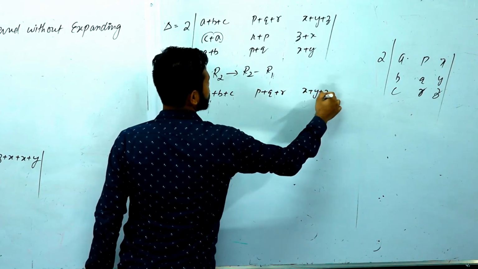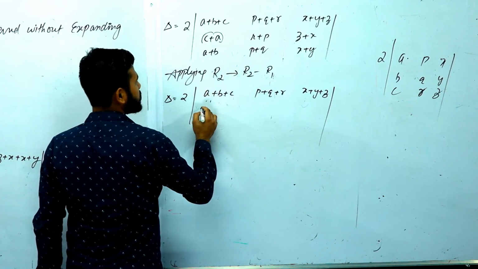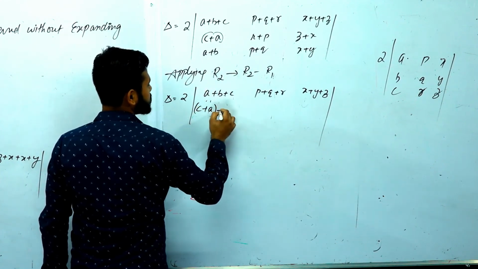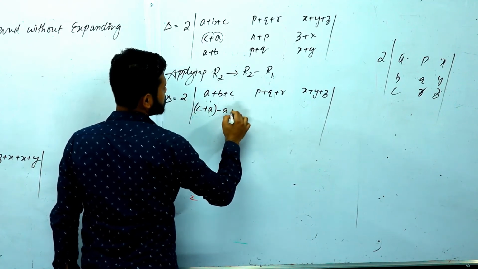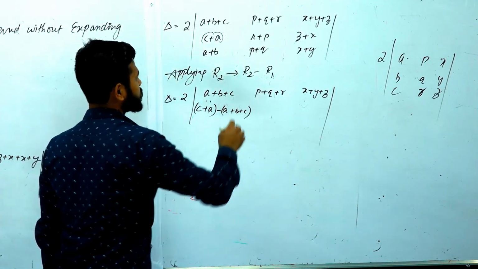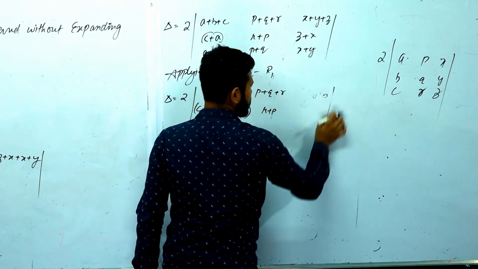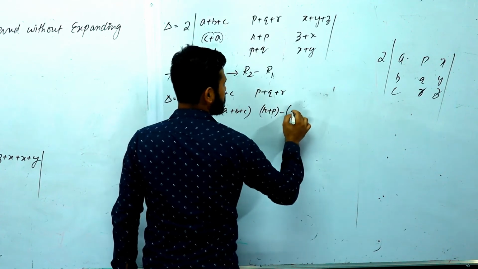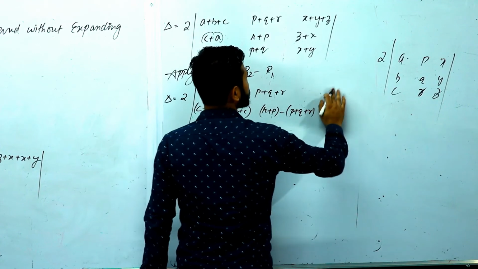X plus Y plus Z. Now C plus A minus A plus B plus C. Same thing goes for here also: R plus P minus P plus Q plus R. And the third is what?